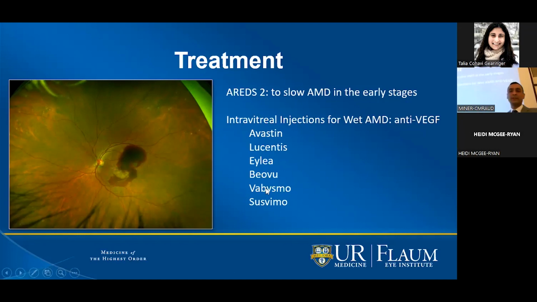Avastin was the first one that we used, and the latest one is the Vabysmo. And hopefully, we'll have more long-term implants that can last for several months, and in the future, maybe we don't have to do these injections as often. But the bottom line is that it's an ongoing treatment that goes on for pretty much until the patient expires.